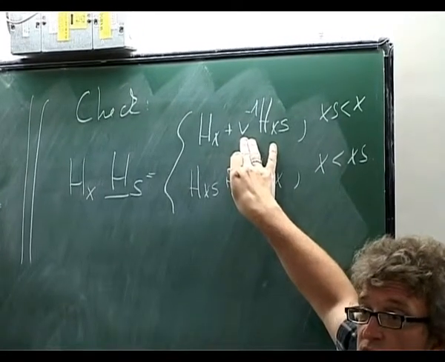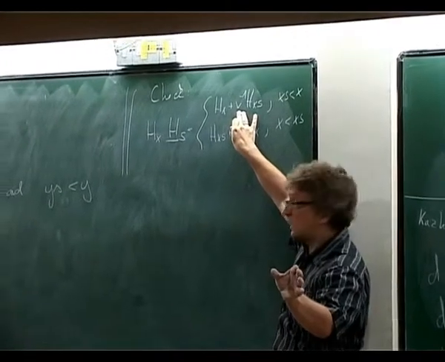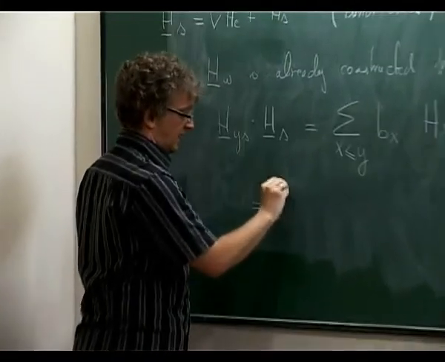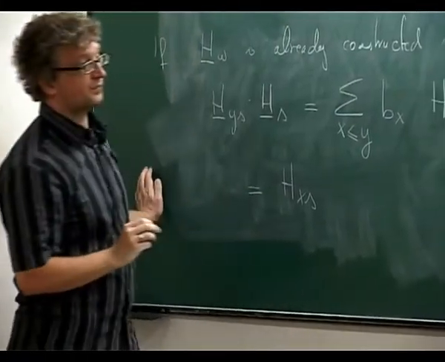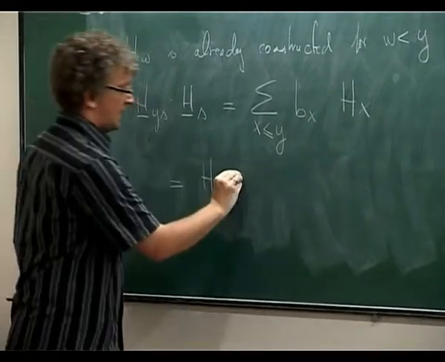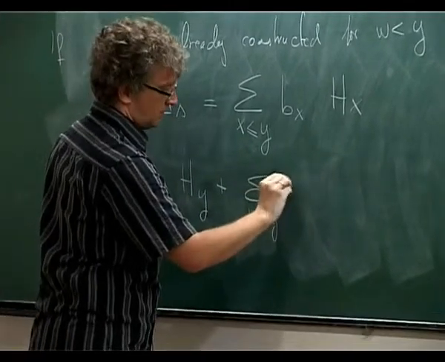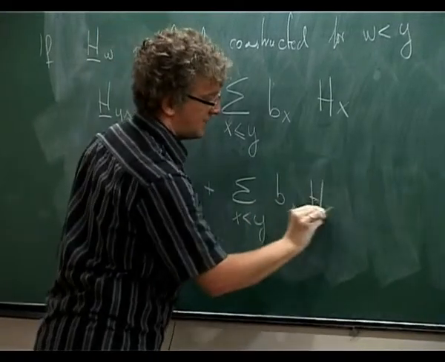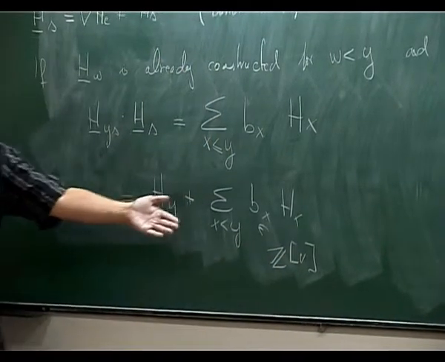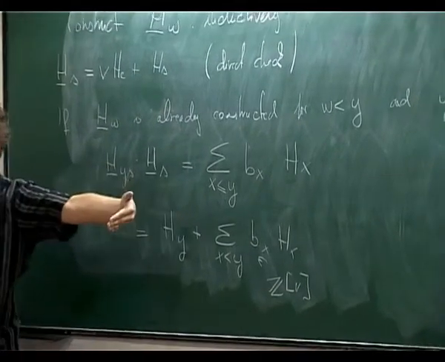But since all the coefficients start with a v, apart from the first, you can show that this can be written as h_ys h_s equals h_y plus, for all x smaller than y, some b_x h_x, and these are now still honest polynomials, but evaluated at 0, they might be non-zero, because there might be some v to the minus 1 coming into play.